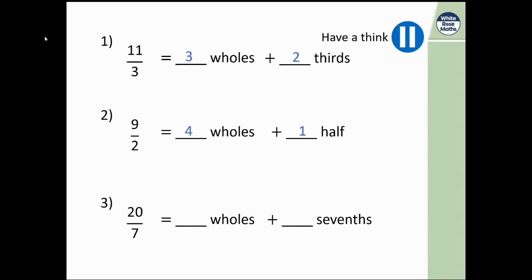So we count on 14, 15, 16, 17, 18, 19, 20. That's 6. So we've got 2 wholes and 6 sevenths. And that's the answer. We're converting those improper fractions to whole numbers and proper fractions. And that then makes it a lot clearer.